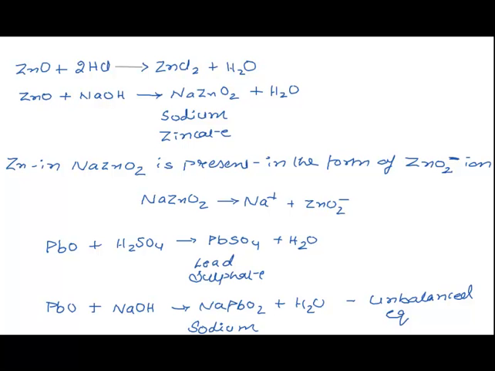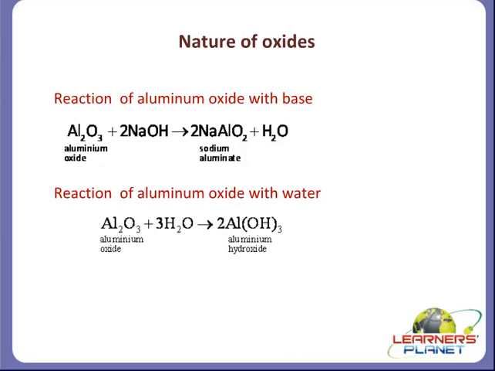Now let's move to our next property. Yes, there is one more reaction written over here, that is the reaction of aluminium oxide with water. How is it behaving in water? It is a metal oxide, so it should be basic in nature, right?